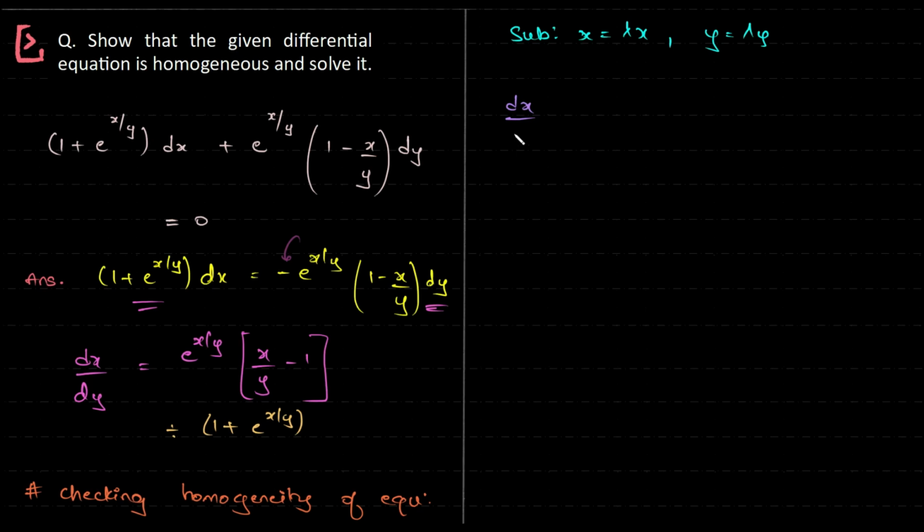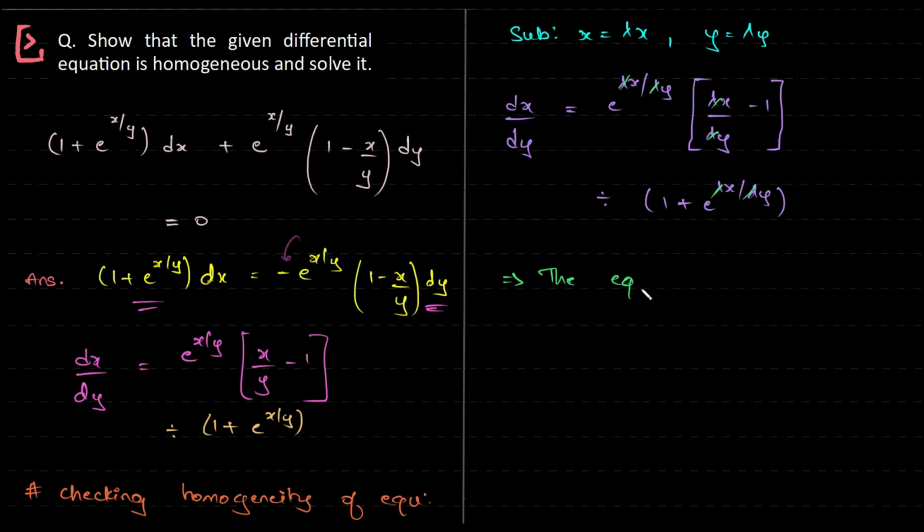So dx by dy will not change, and this is e to the power of lambda x by lambda y, and we have this to be lambda x by lambda y minus 1 divided with 1 plus e to the power of lambda x by lambda y. So clearly things will get cancelled. So this implies the equation is homogeneous.